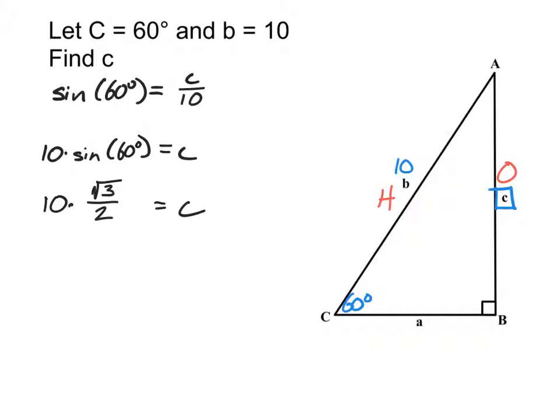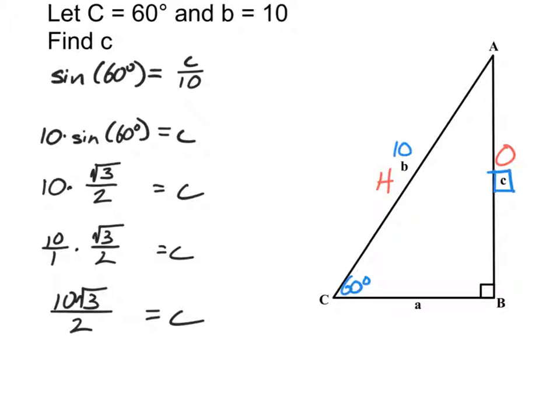And again, if you have trouble with the fractions, here's your quick reminder. If I'm going to multiply 10 by the fraction, I can just think of the 10 as 10 over 1. And then when we multiply fractions, we multiply straight across the top and straight across the bottom. And so when we do that, we get 10 root 3 over 2. Can we simplify that any further?